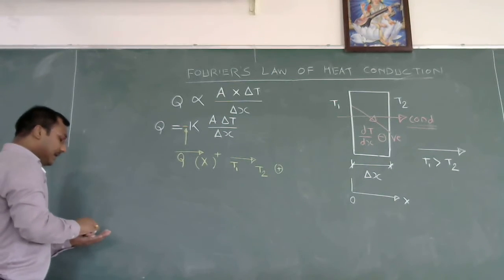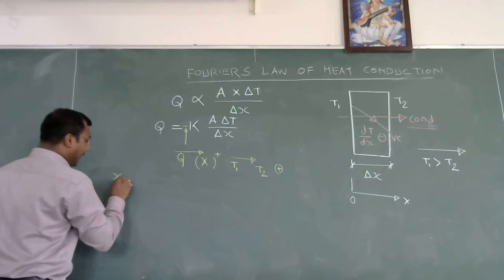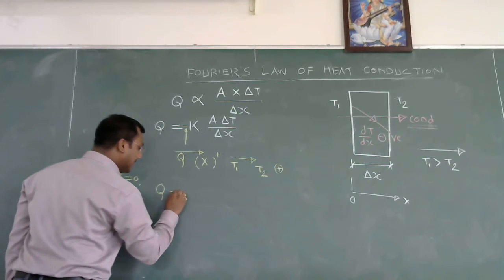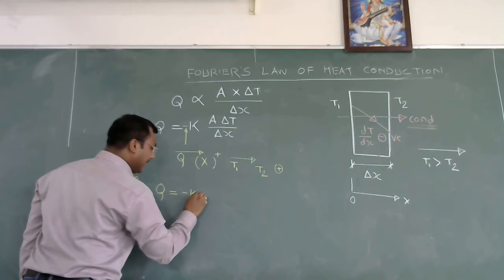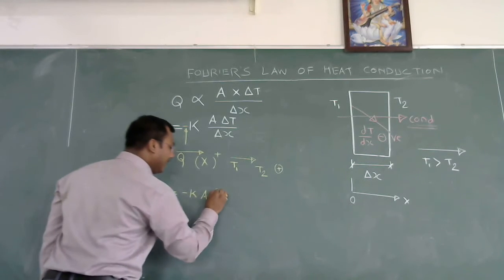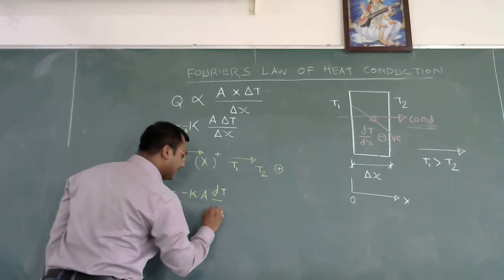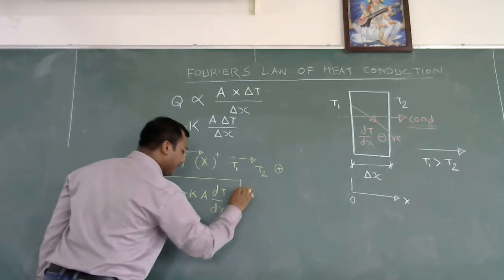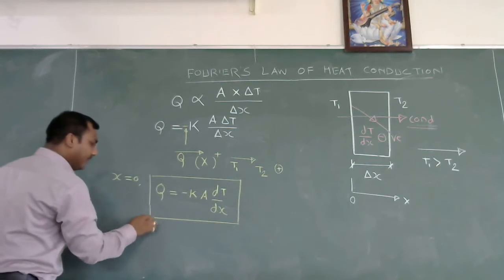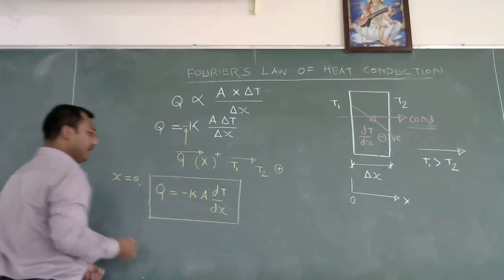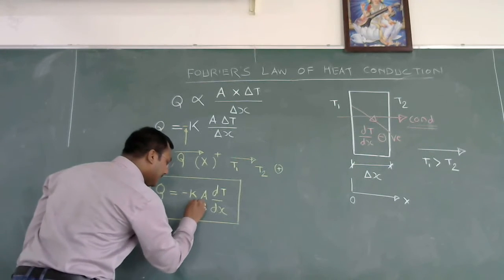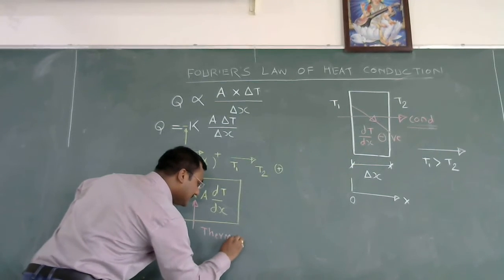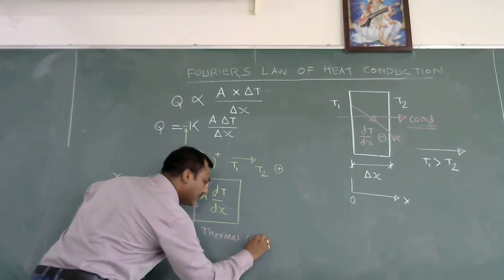So if I write this law at x equal to 0, I can write Q is equal to minus K into area into dT by dx. So this becomes your Fourier law of heat conduction, where K is called the thermal conductivity of the material.